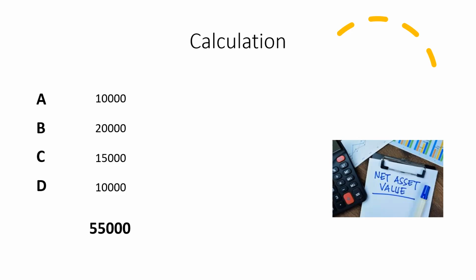Now, as per our example, Mr. C would like to take his money back. When he is taking his money back, he will inform the fund manager, and the fund manager, on that basis, will check the market price of the share.